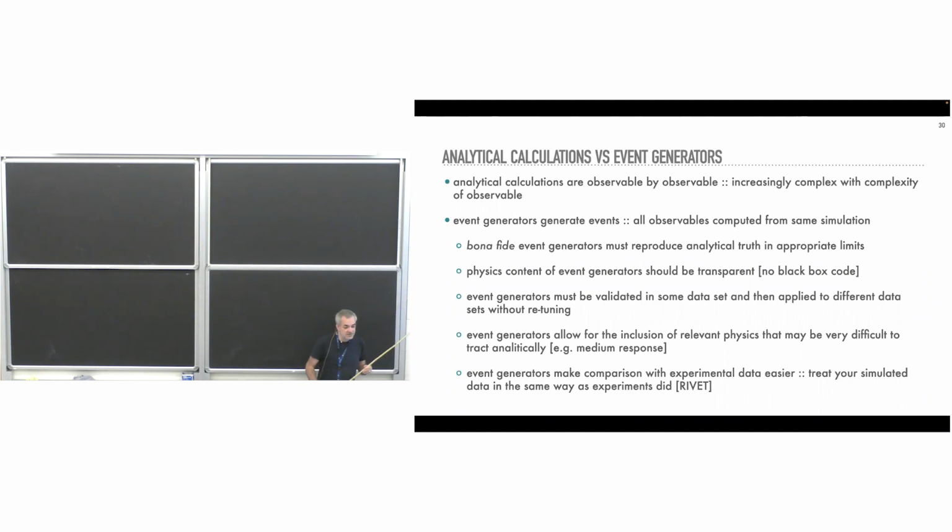Okay, event generators have another advantage, well, that's not the right word, another nice feature in relation to analytical calculations. In an analytical calculation, whenever I want to include some physics that I know is relevant, but it's a bit outside the box of my setup, I have to rethink everything. So here I'm thinking of tracking the evolution of the QGP in my analytical calculation, together with the development of radiation.